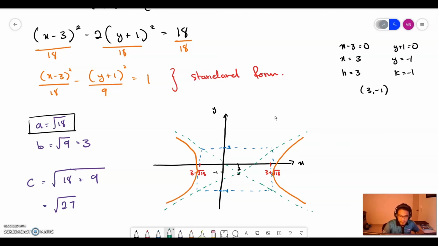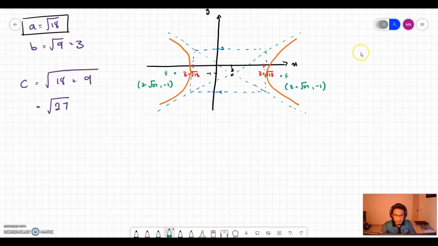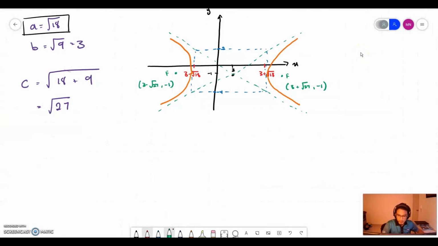Okay, so our position for focus is 3 plus square root of 27, negative 1, and on the left side will be 3 minus square root of 27, negative 1. Since the question wants you to find the vertices, foci, and equation of asymptote, what you need to do is to mention clearly the vertices.